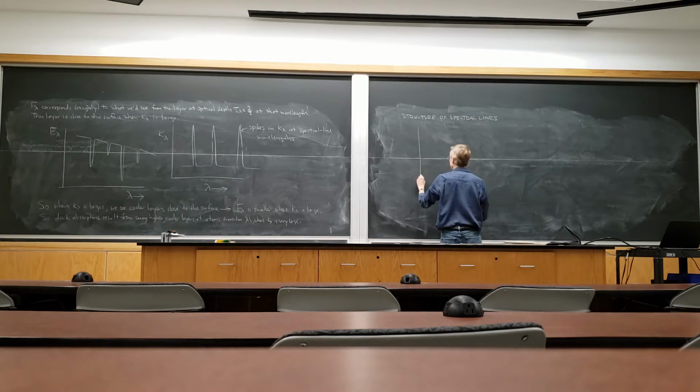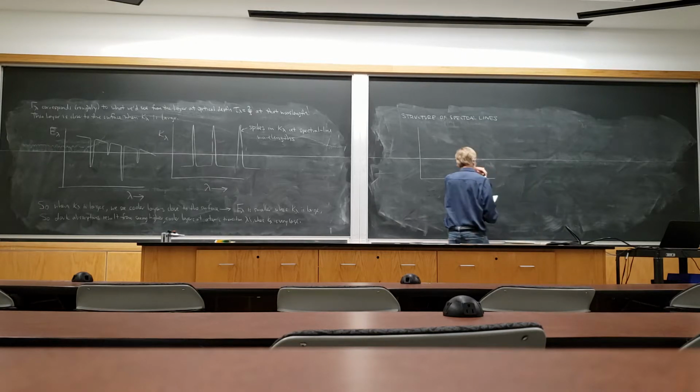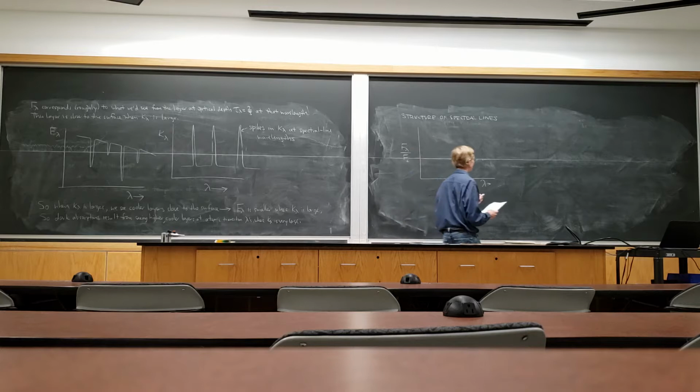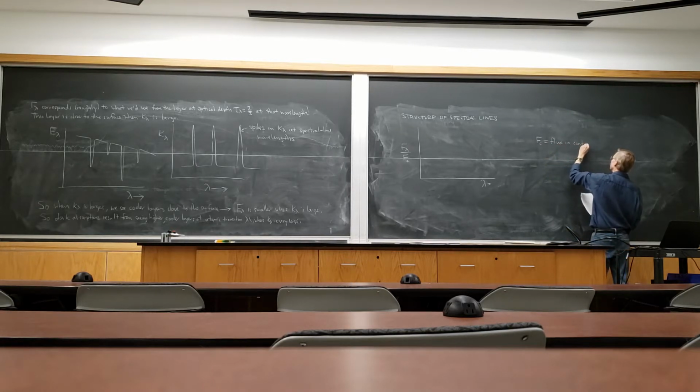So I'm going to make a sketch here. There's wavelength, and here we're going to have F lambda over Fc, flux at wavelength lambda over Fc. F sub c is the continuum flux.